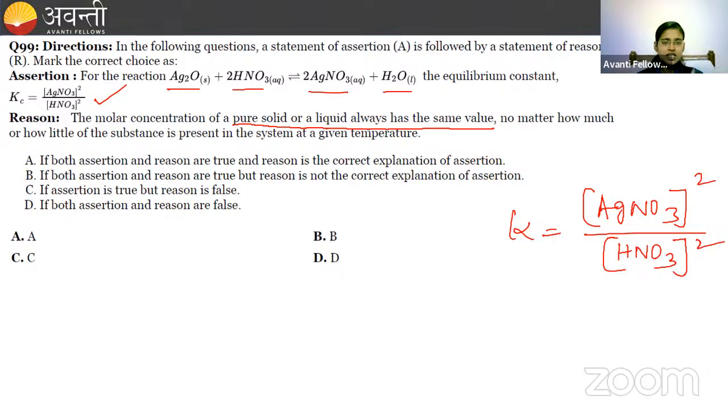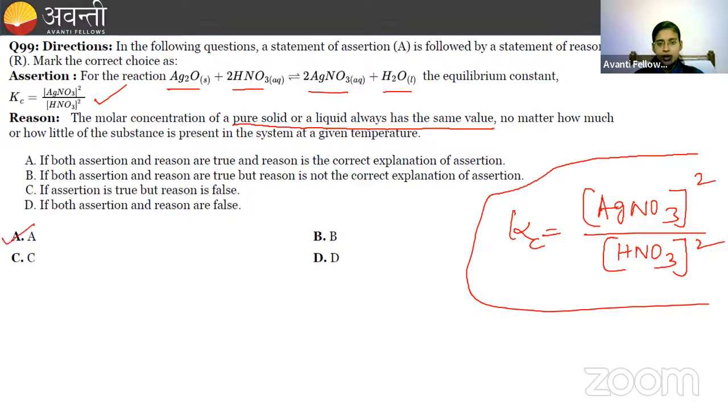Okay, and because of this reason only, the Kc for the given equation is coming out to be like this. Okay, so both assertion and reason are true, and R is the correct explanation of assertion. Okay, so option A is the correct answer for this question.